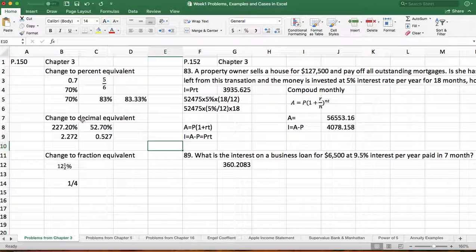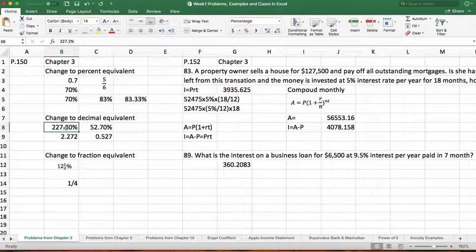and change to decimal equivalent. This number is expressed as a percentage. How to change it into a number with decimals? Actually, it's very easy.